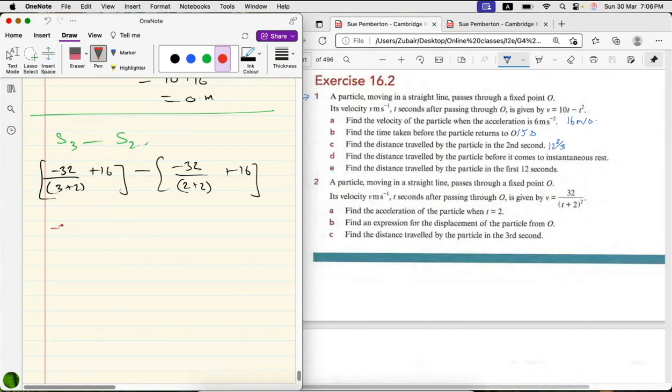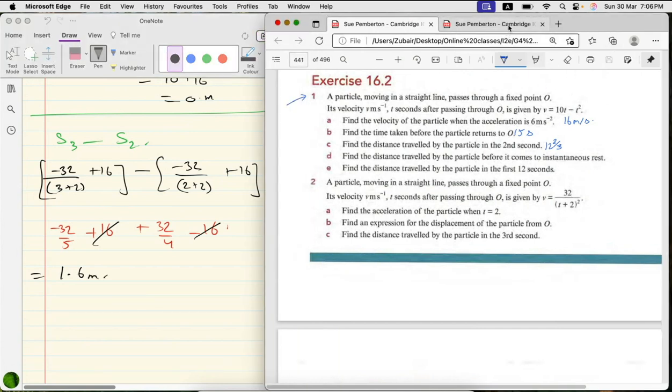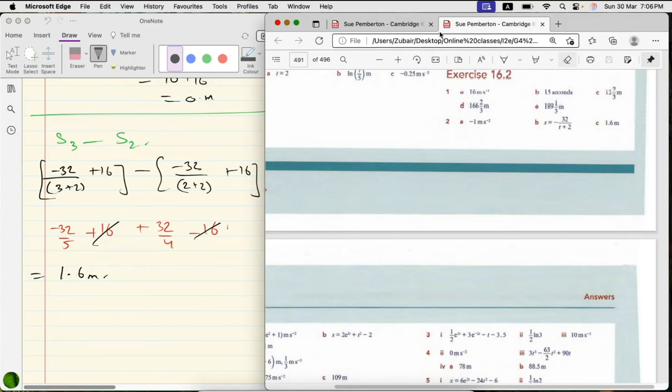So that's minus 32 by 5 plus 16 plus 32 by 4 minus 16. This cancels out. And 32 divided by 4 minus 32 divided by 5 is 1.6. 1.6 meters.